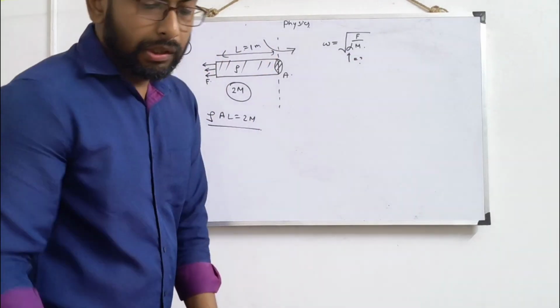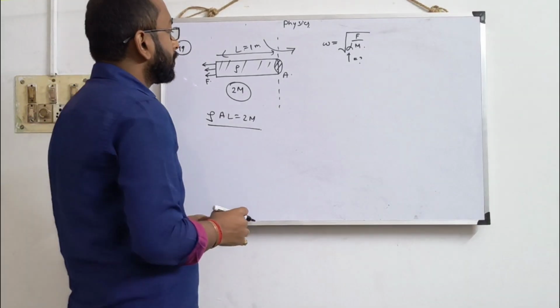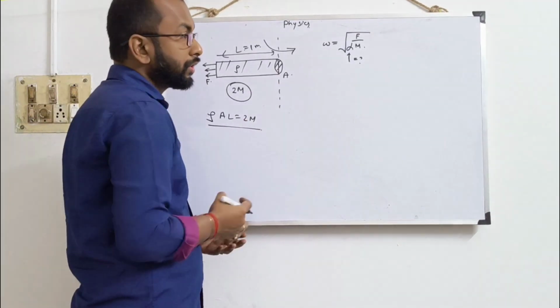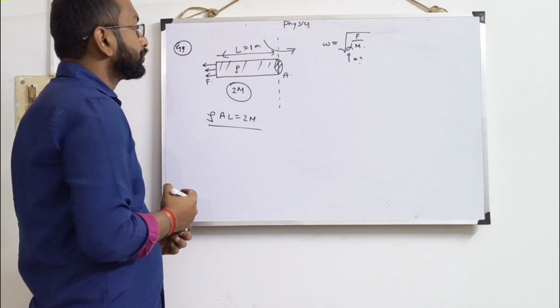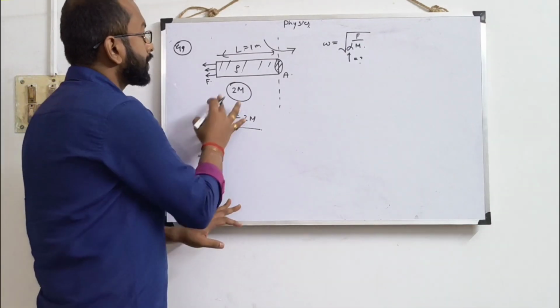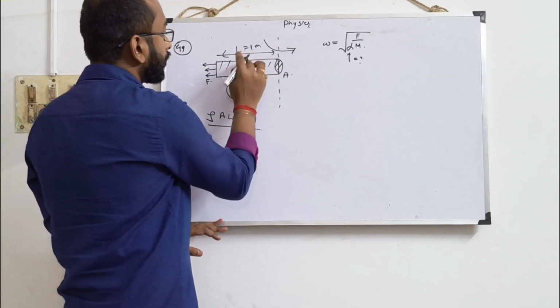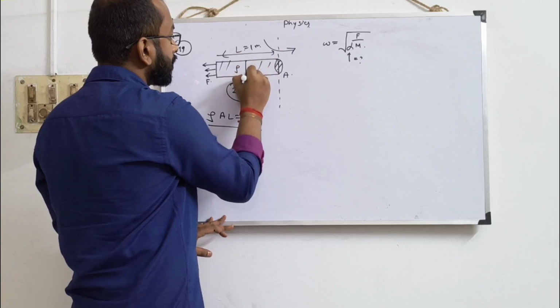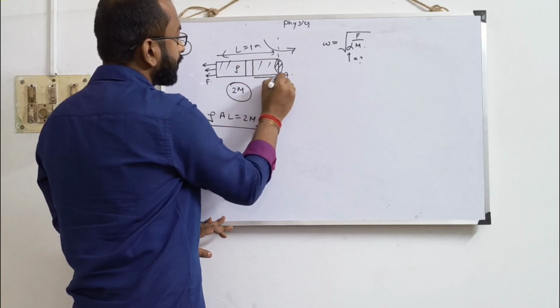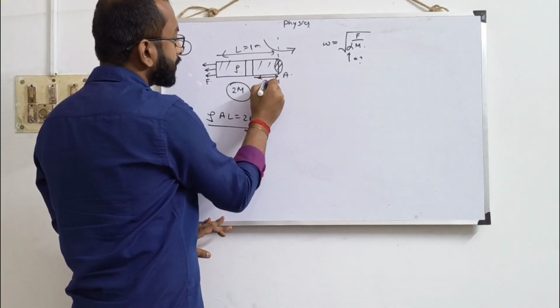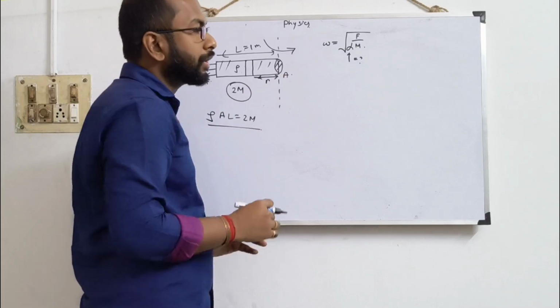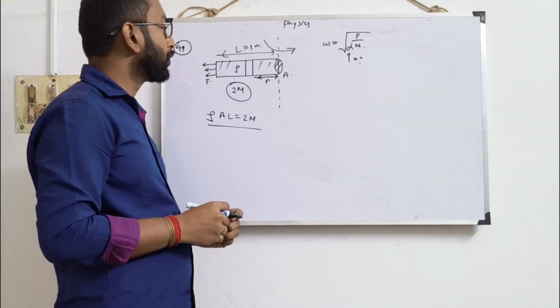See, this is a problem where we have to use our integration technique. So let's say at any point or any cross-sectional area, we'll just consider a small cross-sectional area that is at distance, let's say r from the point of rotation.